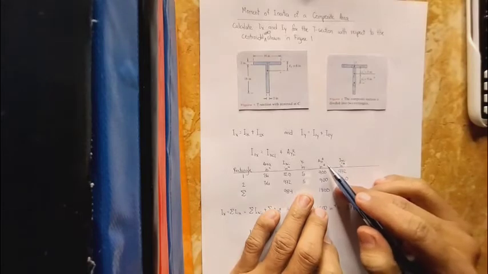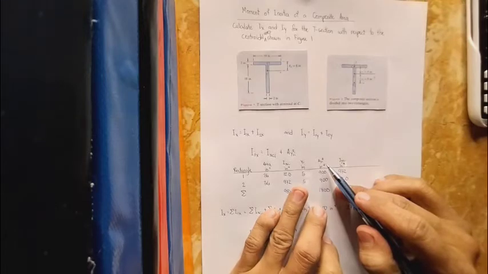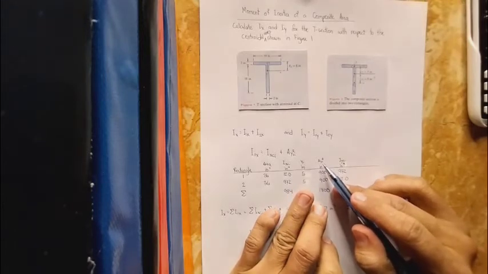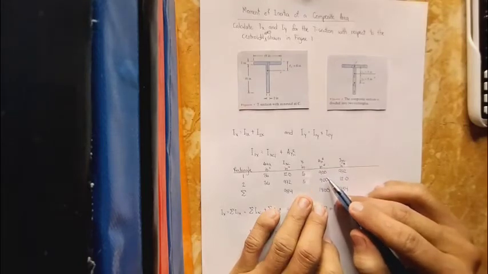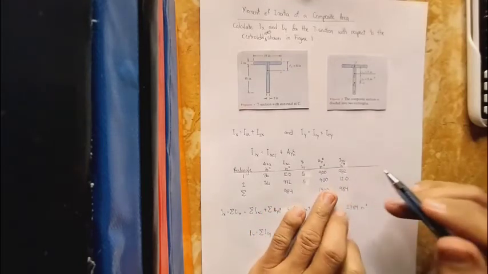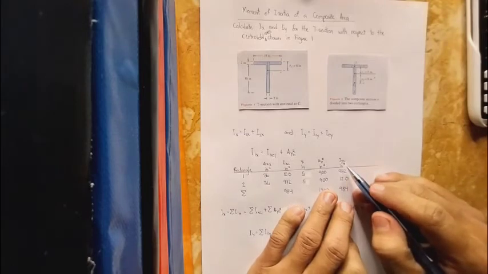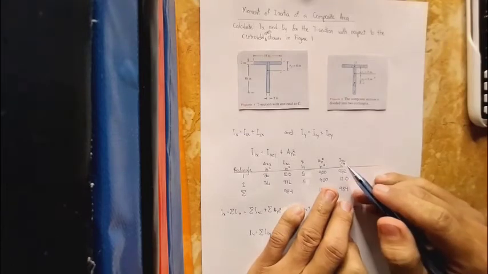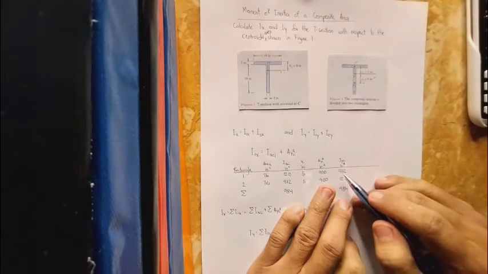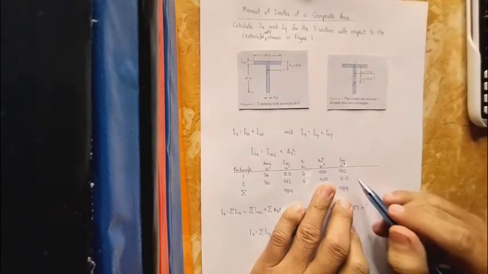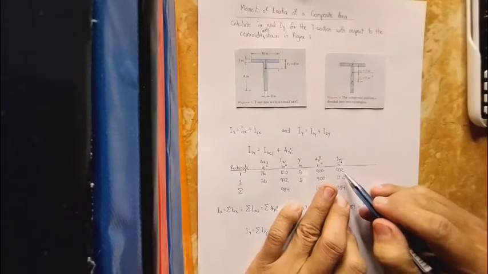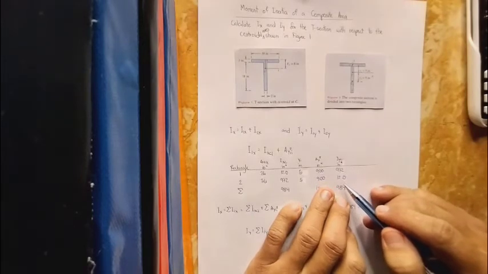The area of rectangle 1 and 2 times the y1 raised to 2 is 900 and 900. The moment of inertia of rectangle 1 and 2 at the centroidal y-axis is 972 and 12.